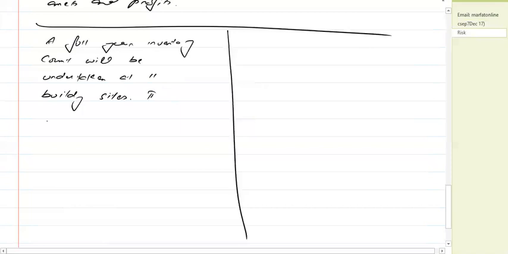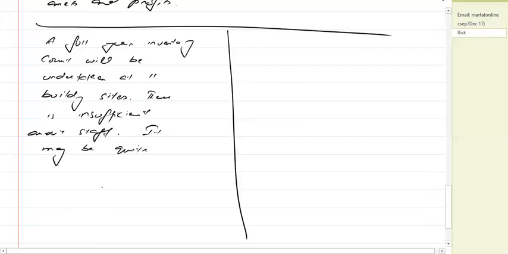There is insufficient audit staff. It may be quite unlikely that the auditor can attend all inventory counts.